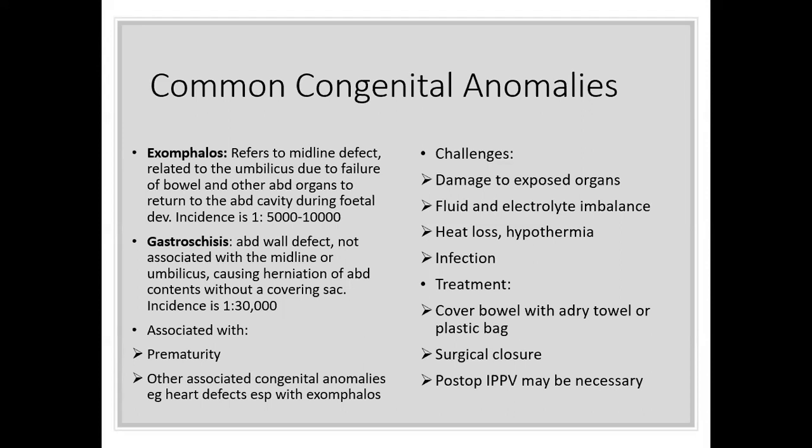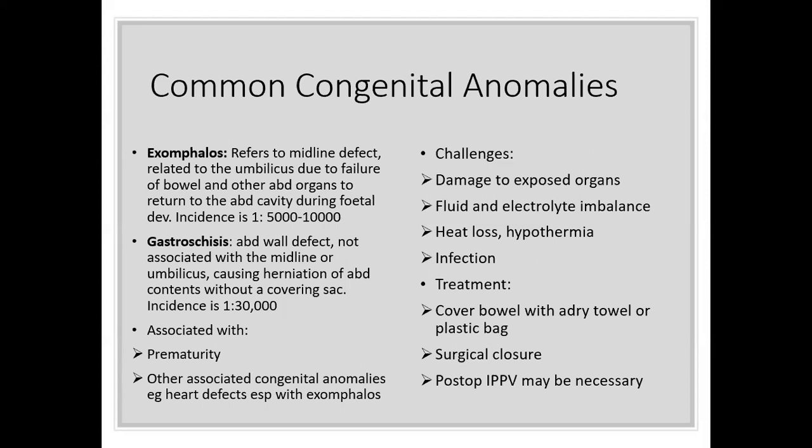The incidence is about 1 in 5,000 to 10,000 live births. Gastroschisis is more severe, in which you have an abdominal wall defect, but this is not associated with the midline umbilicus, and it causes herniation of abdominal contents without any sac covering it.